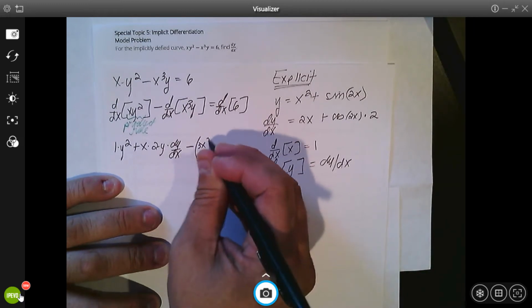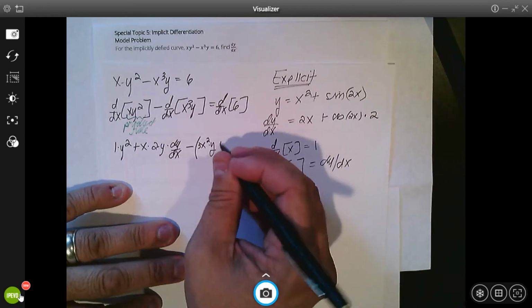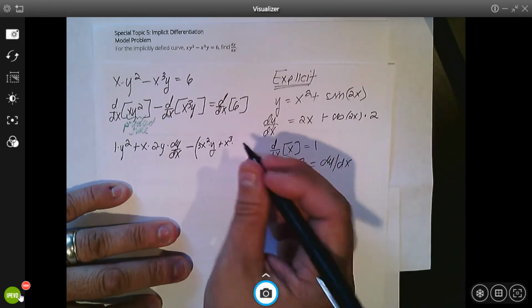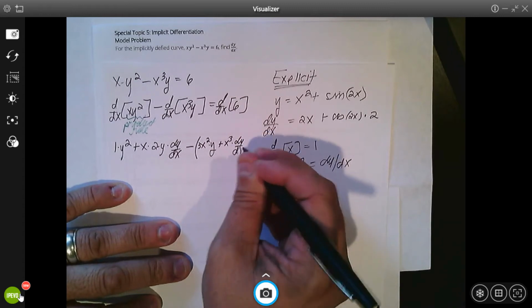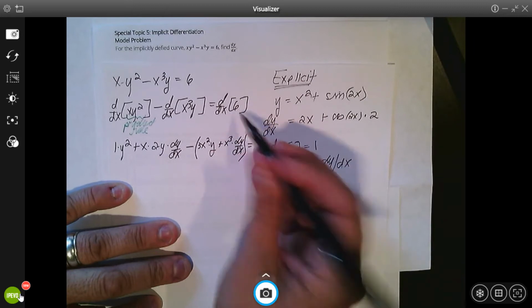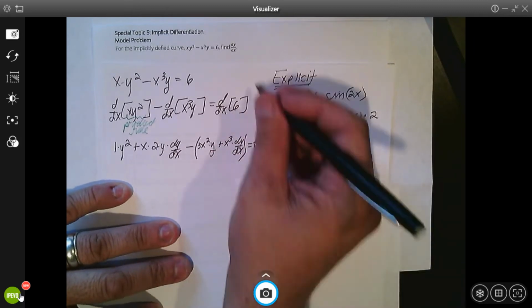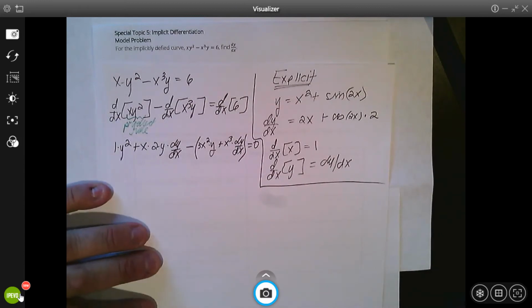The derivative of x cubed is 3x squared. Leave the second term alone. Plus the first term times the derivative of y, which is dy dx. And that's going to be equal to the derivative of 6, which is 0. Sorry, poor planning on my part.